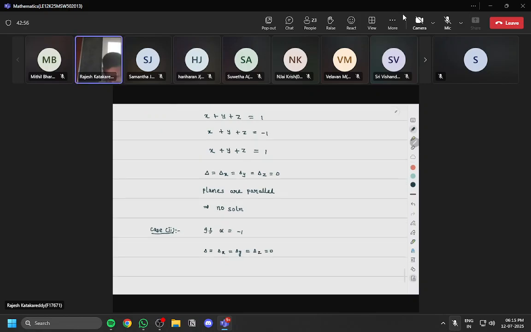Infinitely many solutions. Now what should we calculate? We should calculate 1 plus alpha square. I think that must be equal to 1. Any doubts?